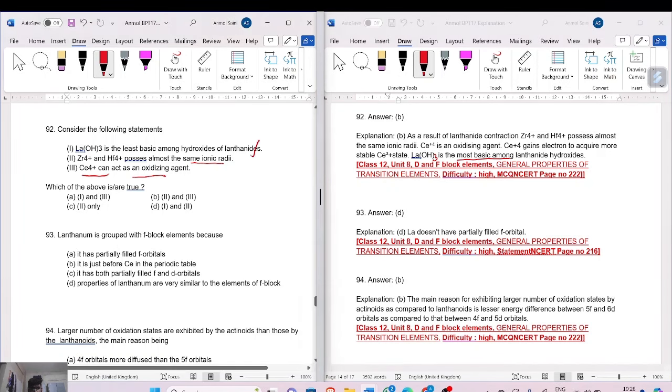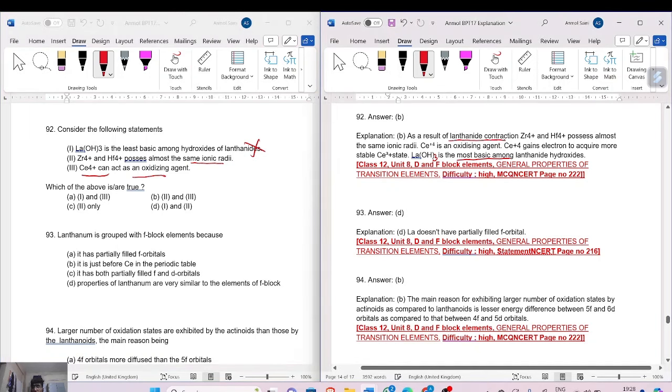So the first is incorrect. Zirconium 4 plus and hafnium 4 plus possess almost the same ionic radii. Yes, this is exactly correct, because due to the lanthanoid contraction, zirconium 4 plus and hafnium 4 plus possess almost the same ionic radii.